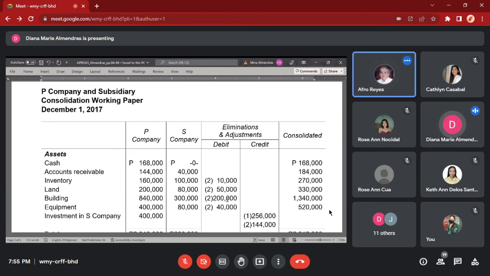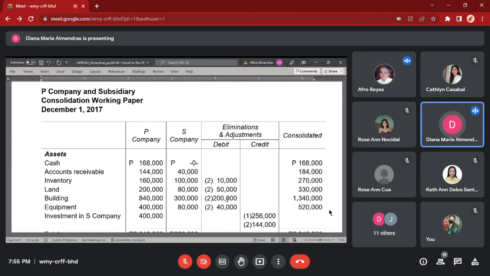Investment in S Company of P Company is 400,000. Elimination, decrease of 256,000 and 144,000. Ibig sabihin, matatanggal yung account na investment ni S Company. Sabi kanina, investment in S Company account balance should be eliminated. Also, shareholders equity of S Company.